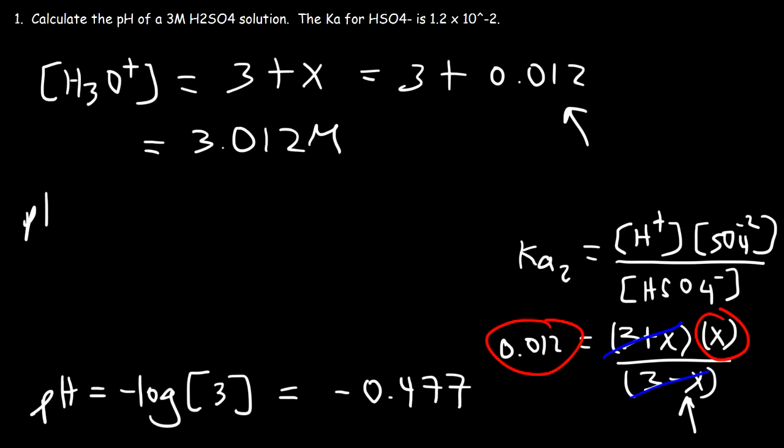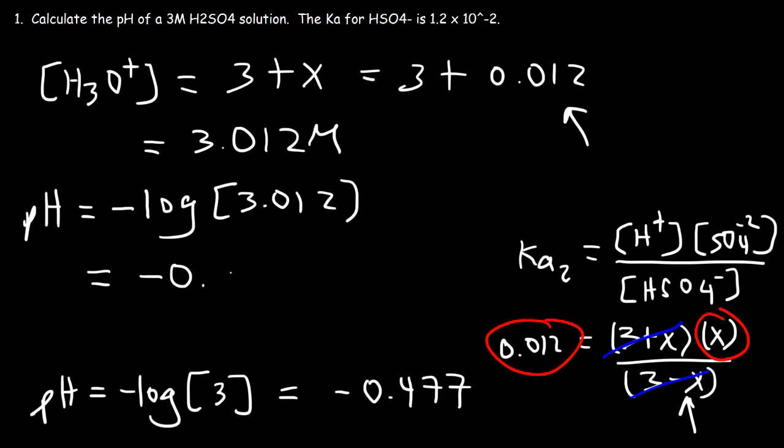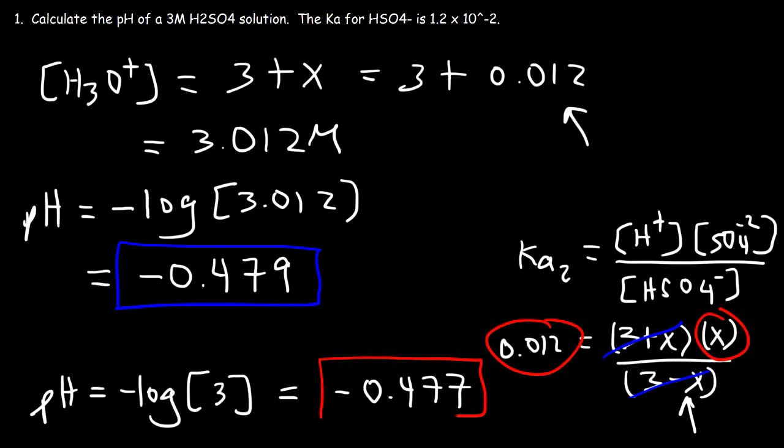So now we can calculate the pH of the solution. So it's going to be negative log of 3.012. And so that's going to be negative 0.479. So these answers are different if you round it to the thousandths place. But if you round it to the hundredths place, it's going to be about the same, which is approximately negative 0.48.